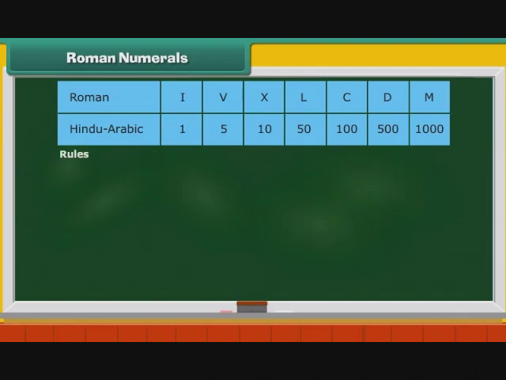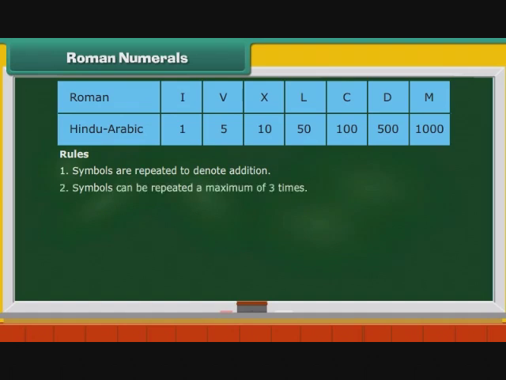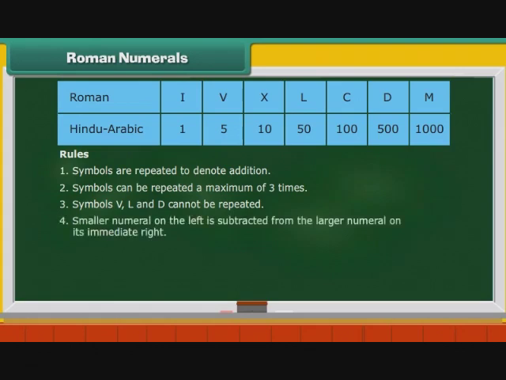Let us first list the rules of the Roman system. Number 1. Symbols are repeated to denote addition. Number 2. Symbols can be repeated a maximum of 3 times. Number 3. Symbols V, L and D cannot be repeated. Number 4.